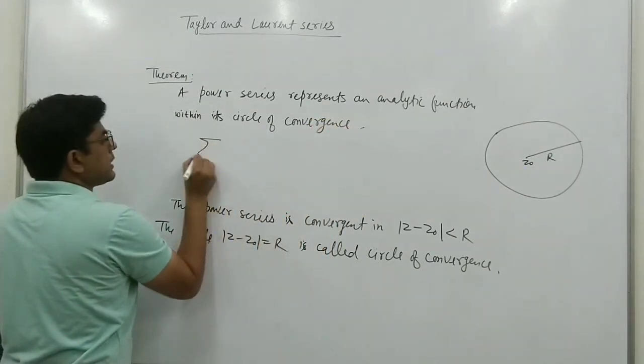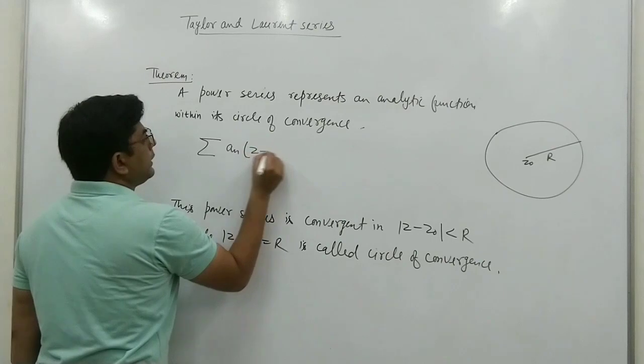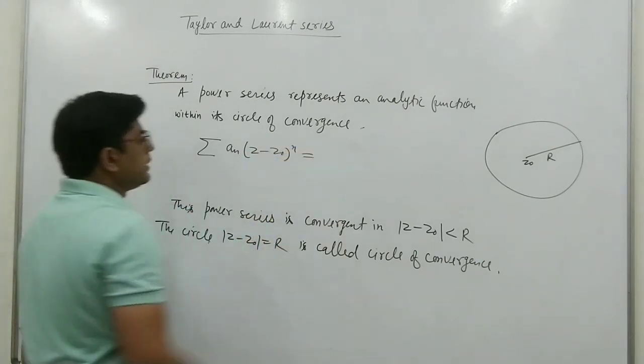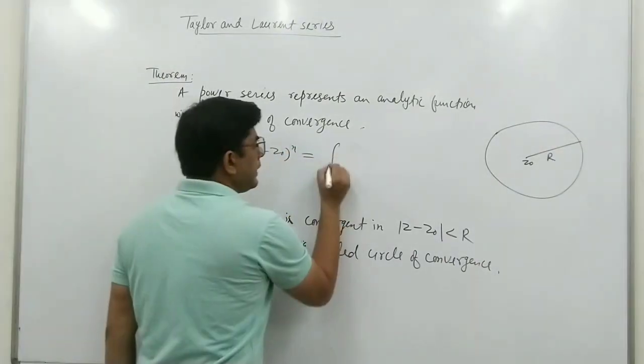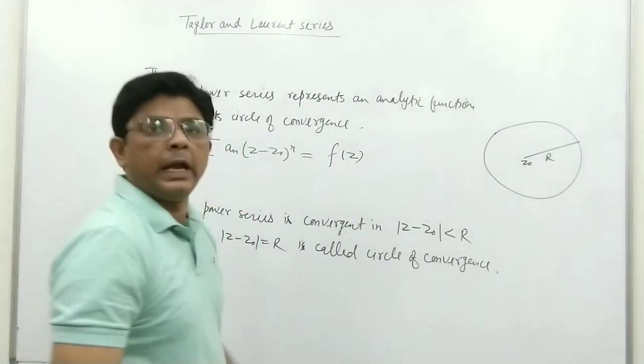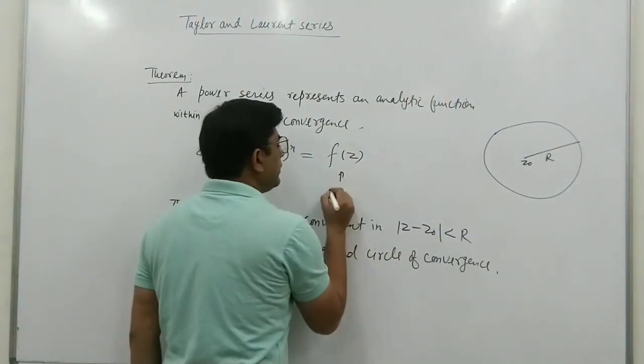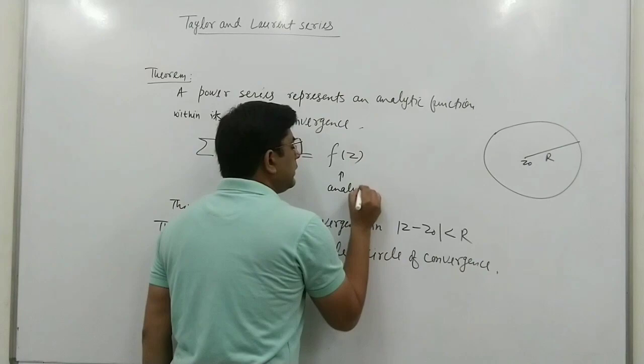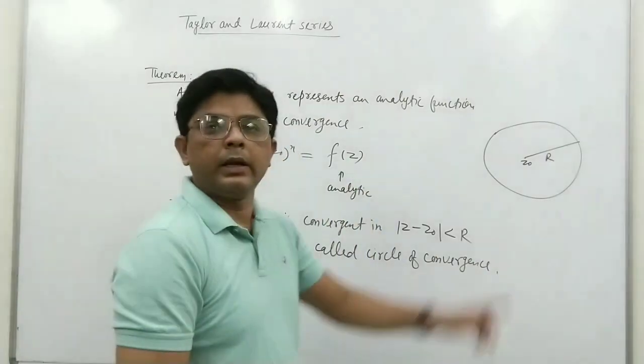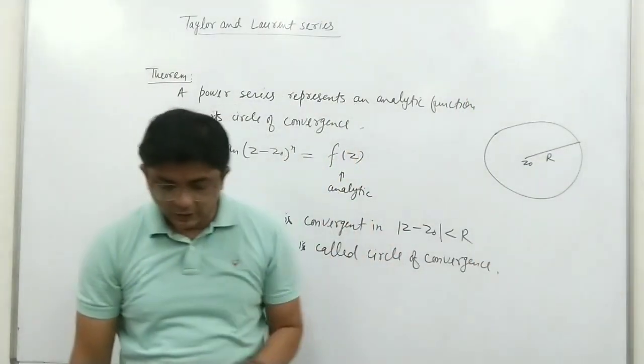That is, if we take the power series an z minus z0 to the power n, this power series represents a function, and this function is analytic inside this circle.